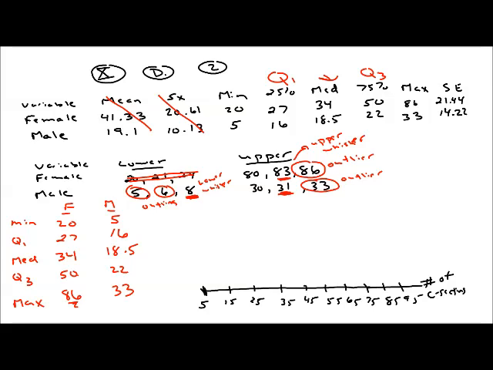Okay, so the first one is 20, my min. Okay, 20 is here. My Q1 is 27 here. My median is 34 here. Q3 is 50.